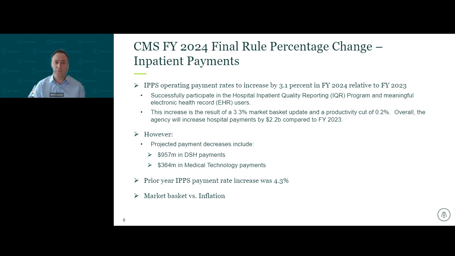3.1% is a 3.3% market basket update with a small productivity cut here. The one thing I would point out that is missing here that we've had for the last number of years is there's no longer an American Taxpayer Relief Act adjustment that we've been seeing since 2014 now, which related to overpayments that occurred in 2010 to 2012.